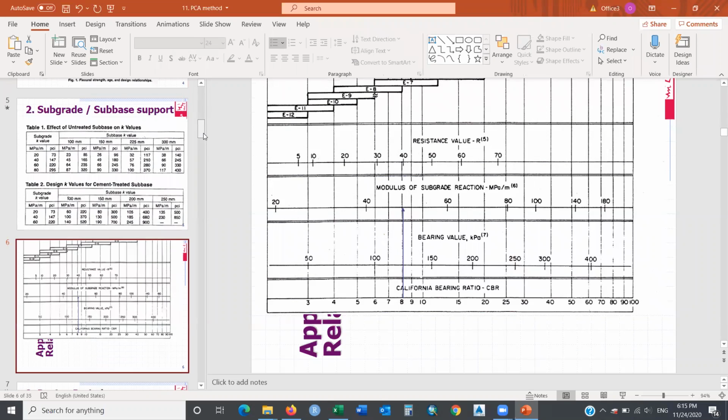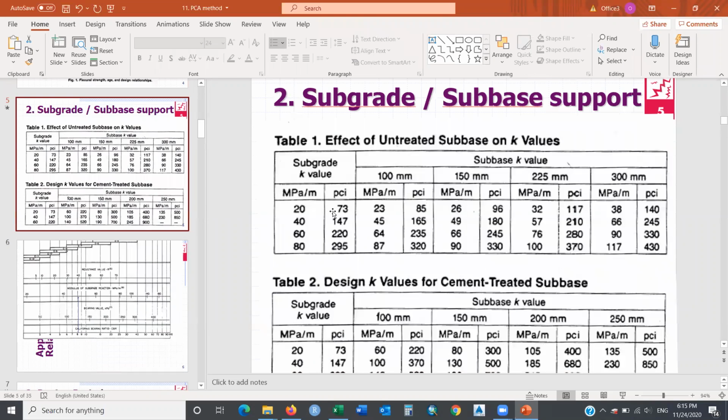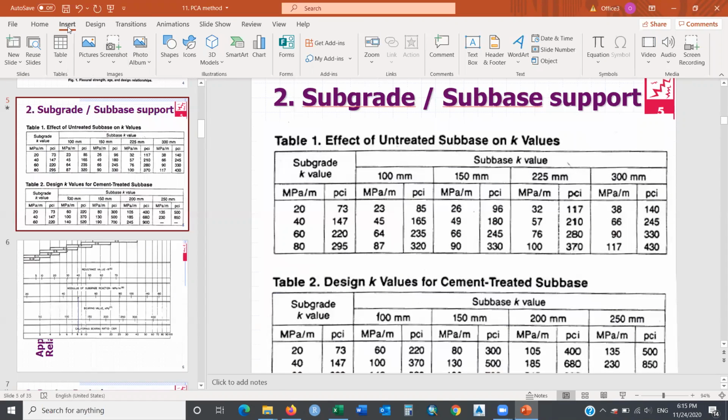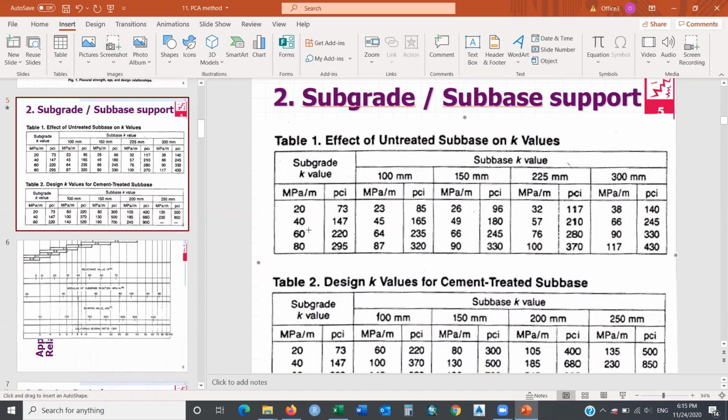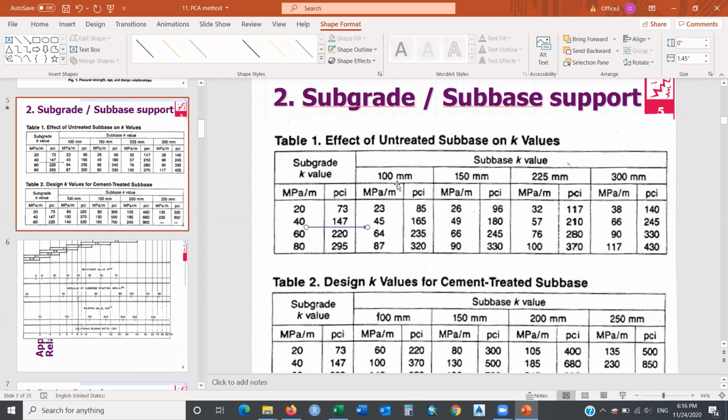That means I am going here with a 50, and it's untreated. It's halfway between these two. And it's untreated and 100. So it is 100 untreated.